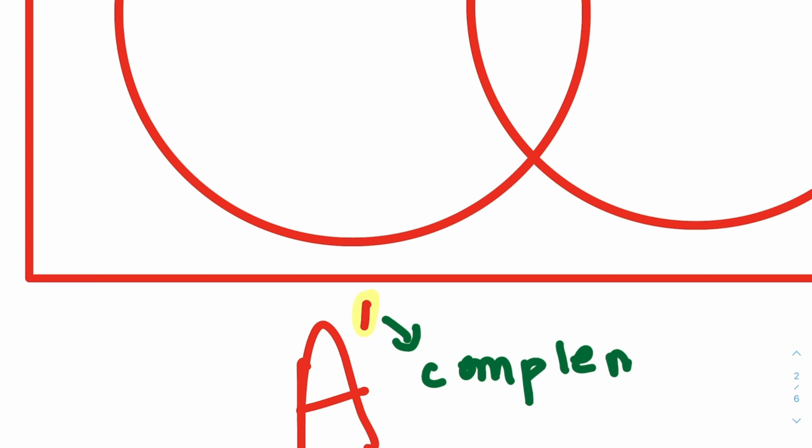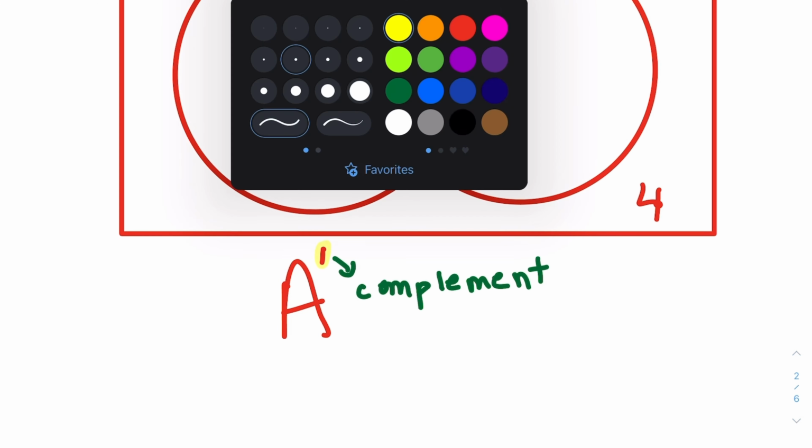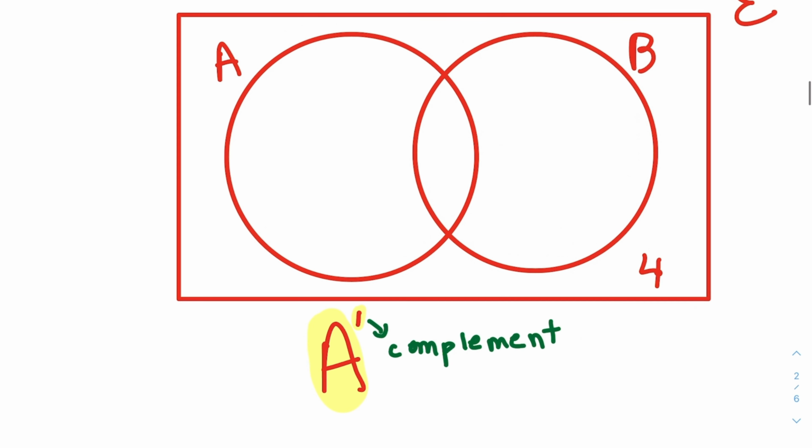What complement means is that whatever is inside the set, it should be the opposite of that. So for example, here it says set A. We know set A is this, right? But then due to the apostrophe, now we have to do everything opposite of that. So now we have to shade everything outside of A.